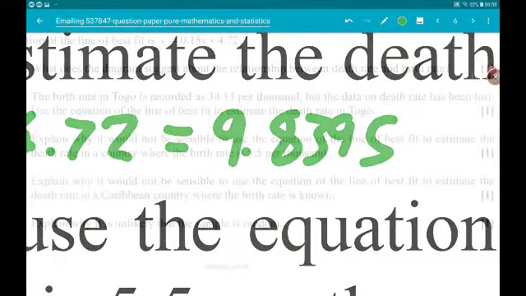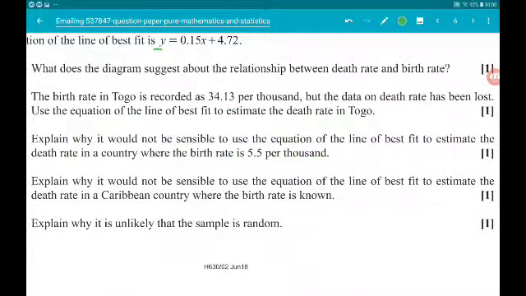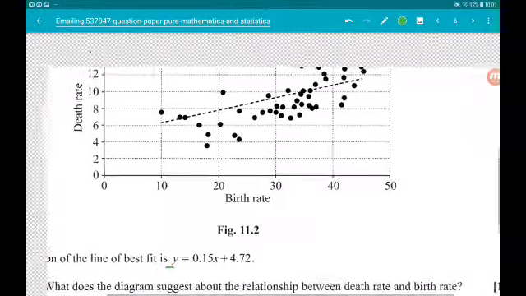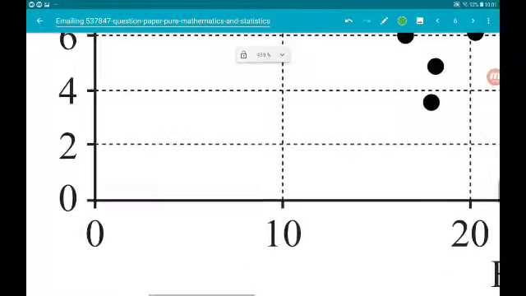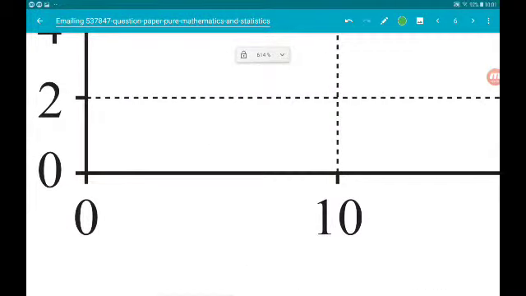Cool. Okay, then part C wants us to explain why it would not be sensible to use the equation of the line of best fit to estimate the death rate in a country where the birth rate is 5.5 per 1,000. So that probably comes down to the graph then. So 5.5 is going to be about there.